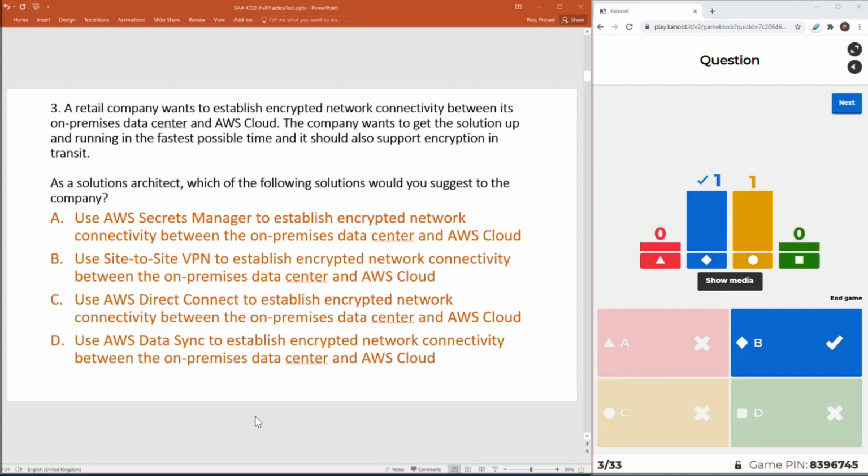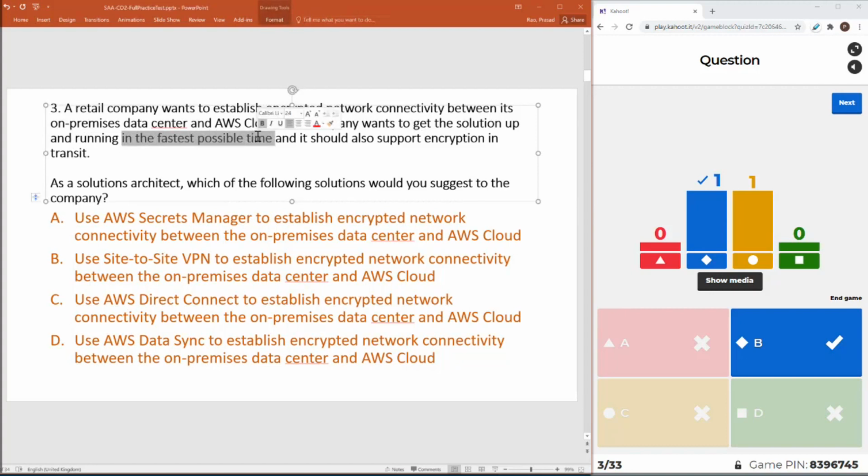Yeah, time up, and I see only 2 people were able to answer. So the correct answer here is B, site-to-site VPN. So let's break this down. The company wants a solution up and running in the fastest possible time.